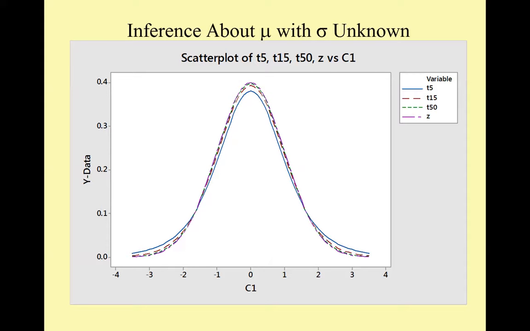And the z-curve is the purple curve that is drawn for reference. And notice with that purple curve, it is tallest in the middle out of all of them. But as the t-distribution went from 5 to 15 to 50, notice those curves start to get closer and closer to that purple curve.